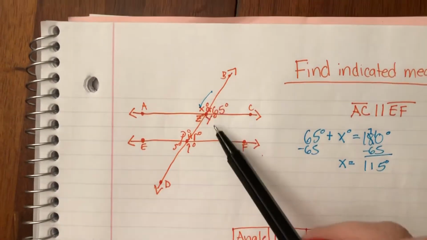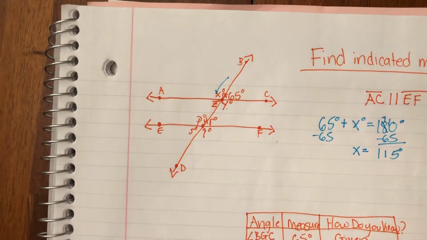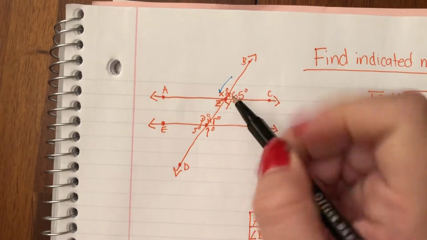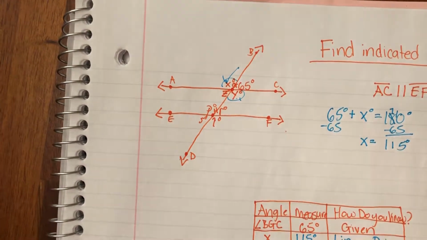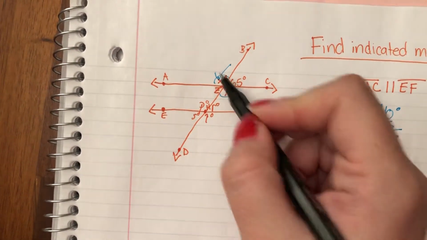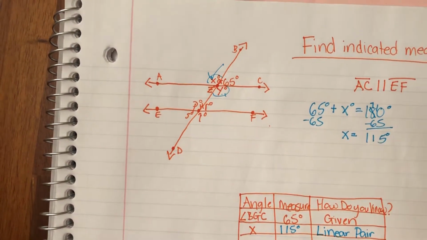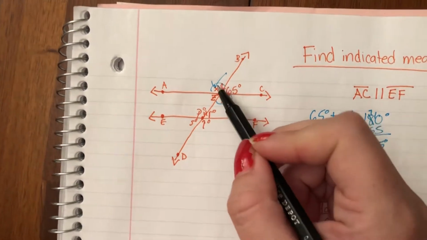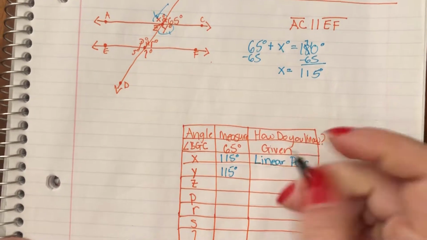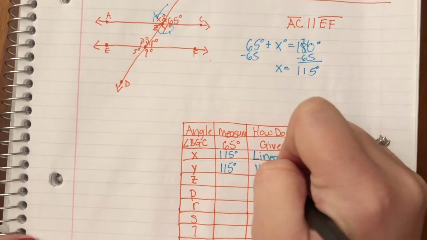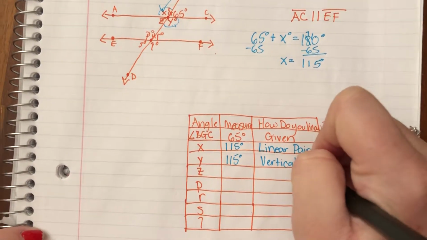Now, next one is Y. These X and Y are what we call vertical angles. Remember, vertical angles are always congruent. So I know that angle Y is going to be 115 degrees because of vertical angles.